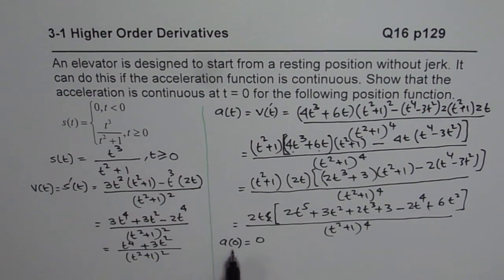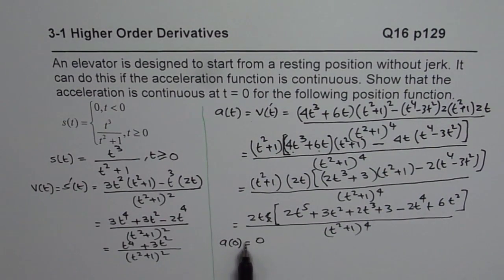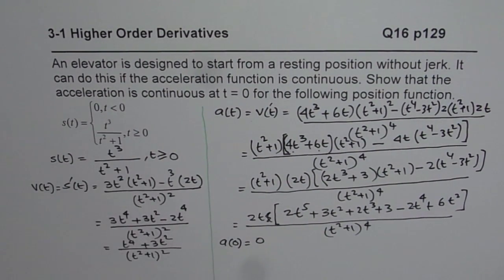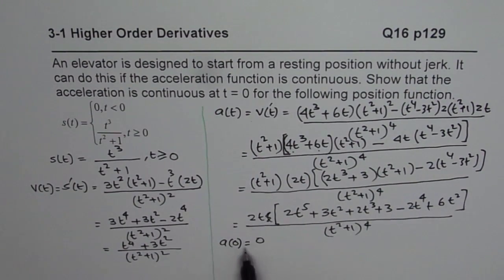So at the start, the acceleration is 0. When approaching from either side of 0, less than 0 it is 0, and afterwards also it is 0. Therefore, the acceleration is continuous. That is how you can answer this particular question.